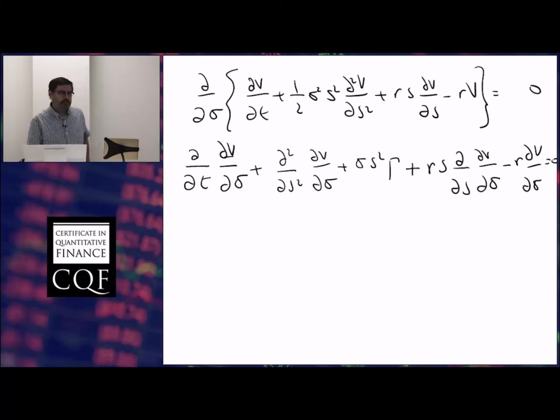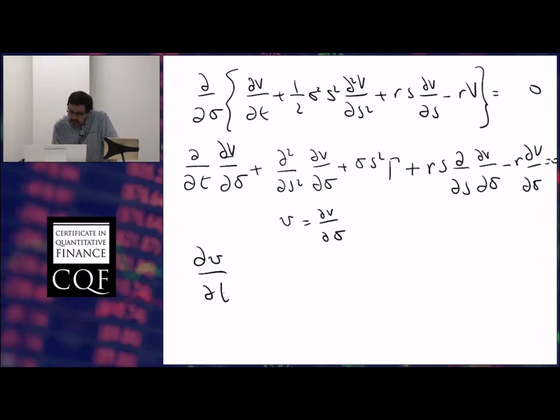So what this allows us to now do is to obtain a Black-Scholes equation not for the option price but for the Vega term. And I'm going to write down this little v as dV by d sigma. So this then becomes d Vega dt plus d squared Vega dS squared.